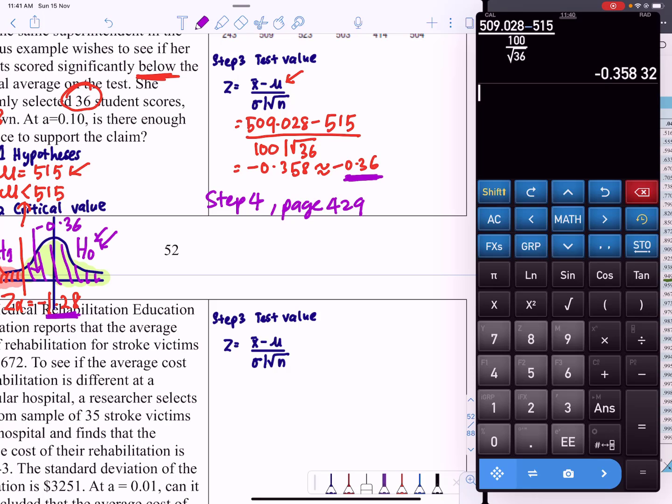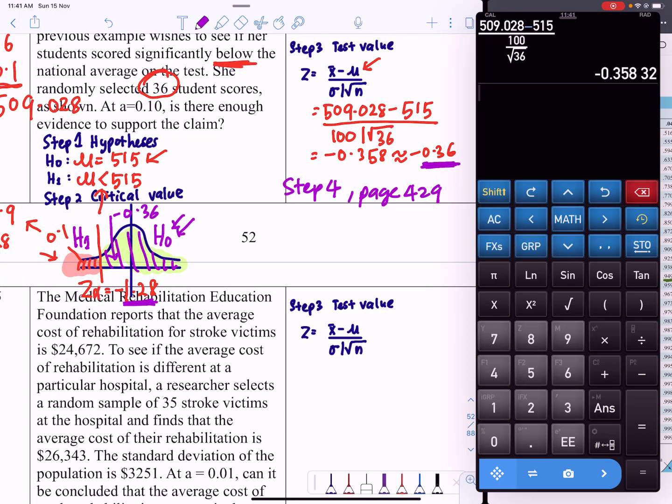Because I want to show you that the H null is at this part and the alternate is at this part. So if it falls in this area, we cannot reject the null hypothesis. It falls on the H null, so it falls in the non-critical region. This is also what we call the non-critical region.